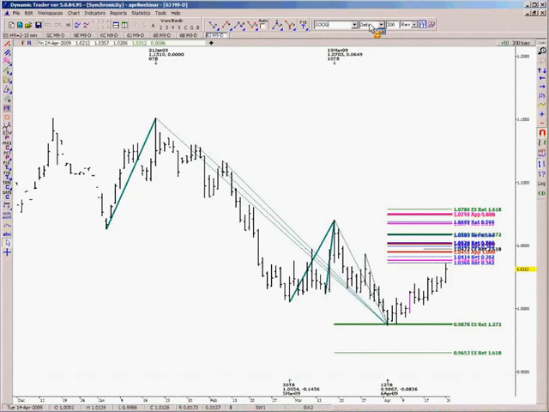Okay, let's put up a Google chart here and look at the same thing.